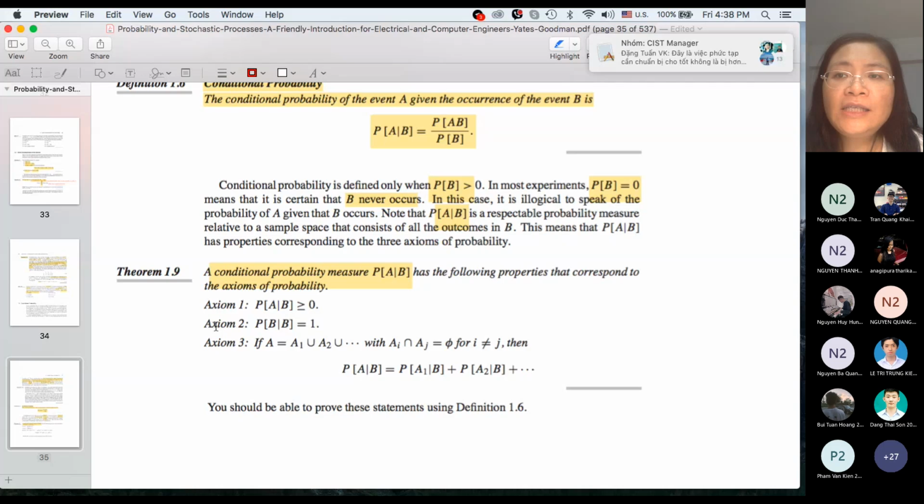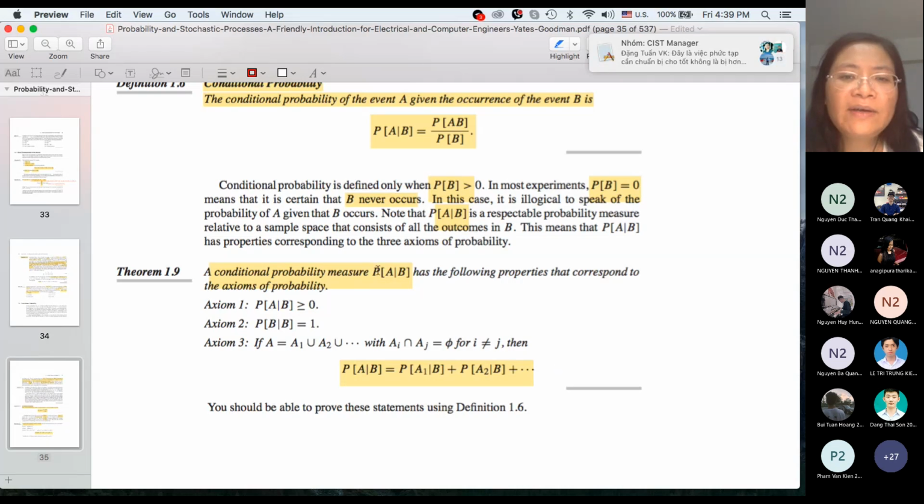Axiom 2: the probability of B given B equals 1. Axiom 3: if A equals A1 union A2 union A3 and so on, with Ai intersection Aj equal to the null set for all i different from j, then the probability of A given B equals the probability of A1 given B plus A2 given B plus A3 given B and so on.